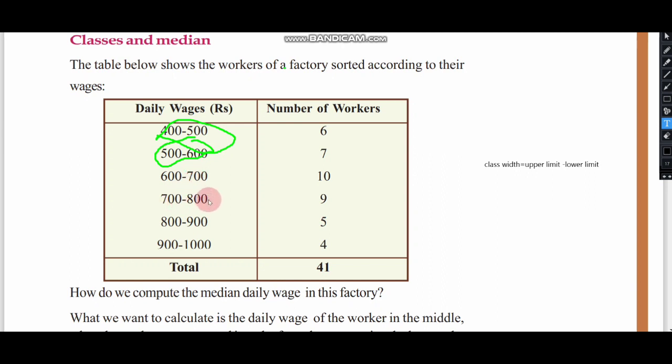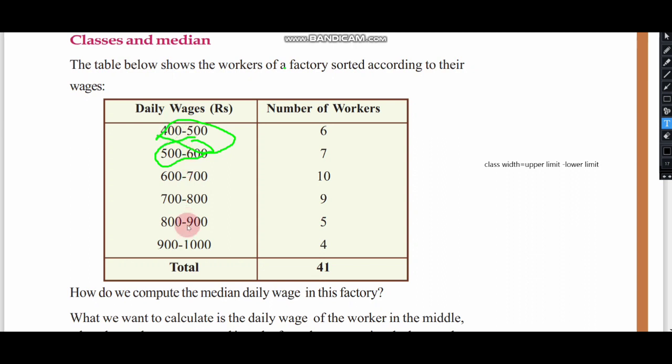Next we are going to check what is the class width of an interval. See here, the class is 400 to 500. So what do you mean by class width? Class width means upper limit minus lower limit. So here the class width is 500 minus 400, which is equal to 100.